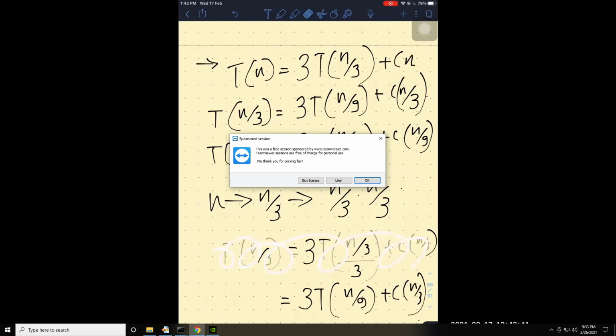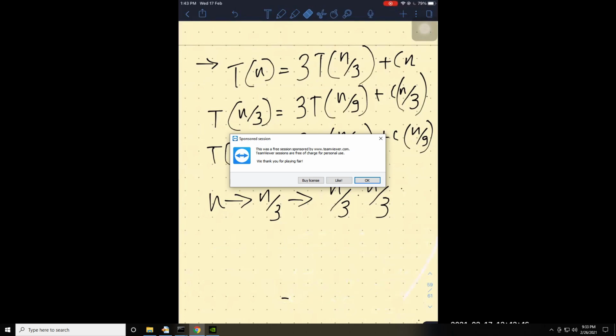Okay, so can anyone tell me what will be the next term in this progression? After n we got n divided by 3, then we used n divided by 3 times n divided by 3. Now what will be the next term?